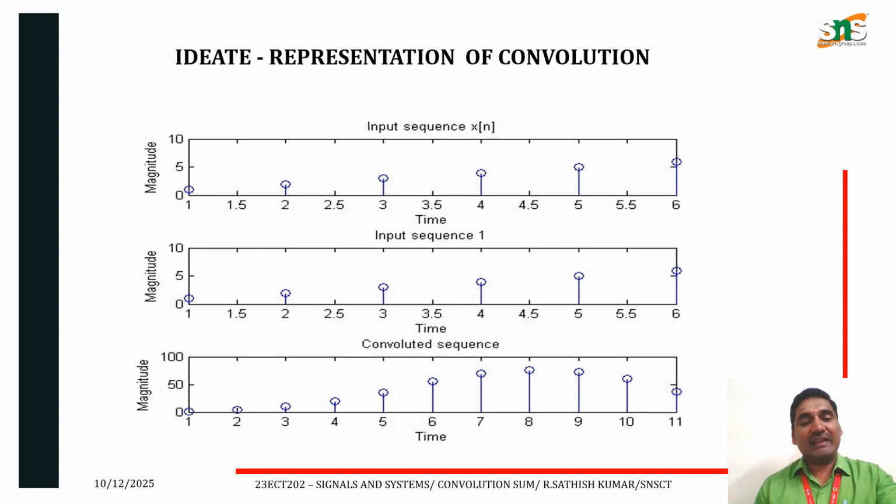We get the convolved sequence like this. The total number of samples is 6 plus 6, which is 12, 12 minus 1, so we get 11 samples, that is y of 0 to y of 11.